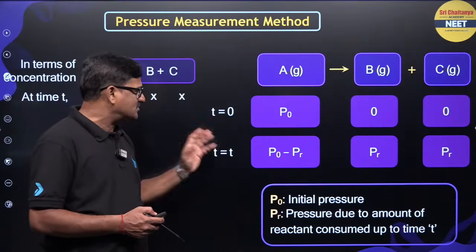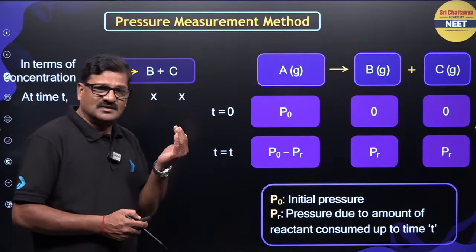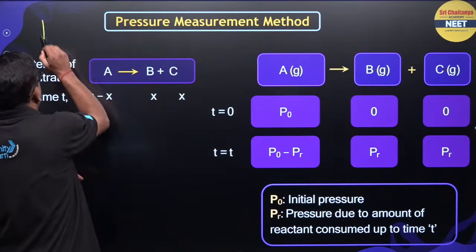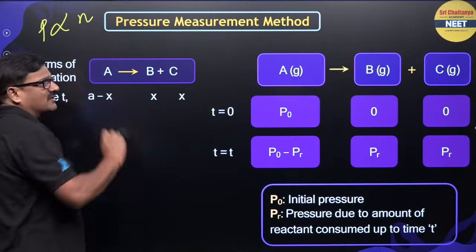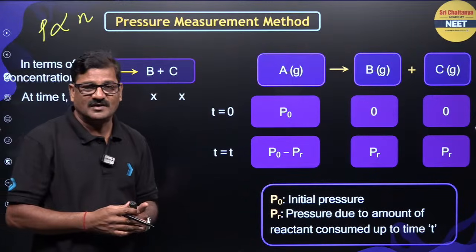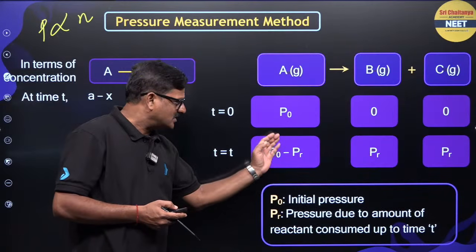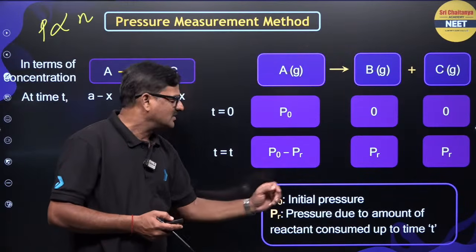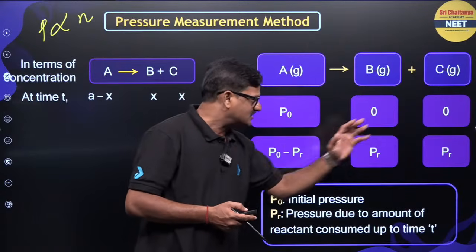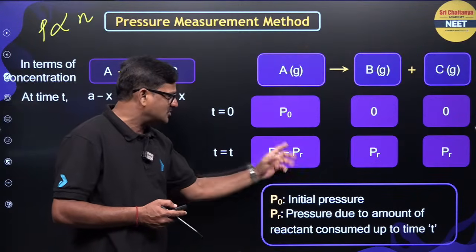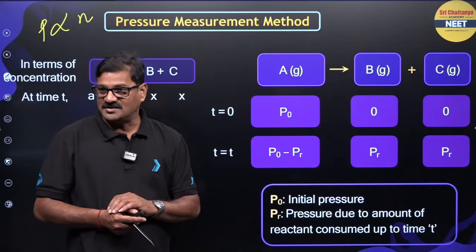As the time reaches T, some number of moles have reacted. The pressure of the gas is directly proportional to the number of moles, PV is equal to nRT. So, as the number of moles of reactant decreases, the pressure decreases. The decrease in pressure is equal to the increase in pressure. So, P minus P reacted.